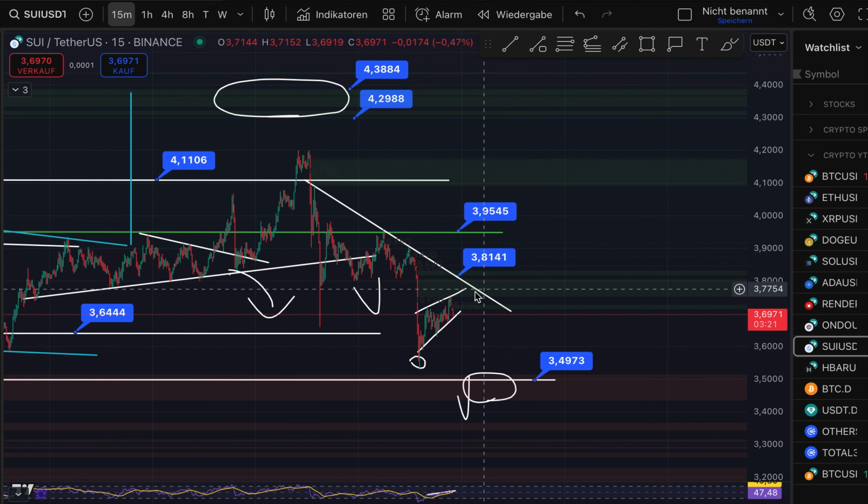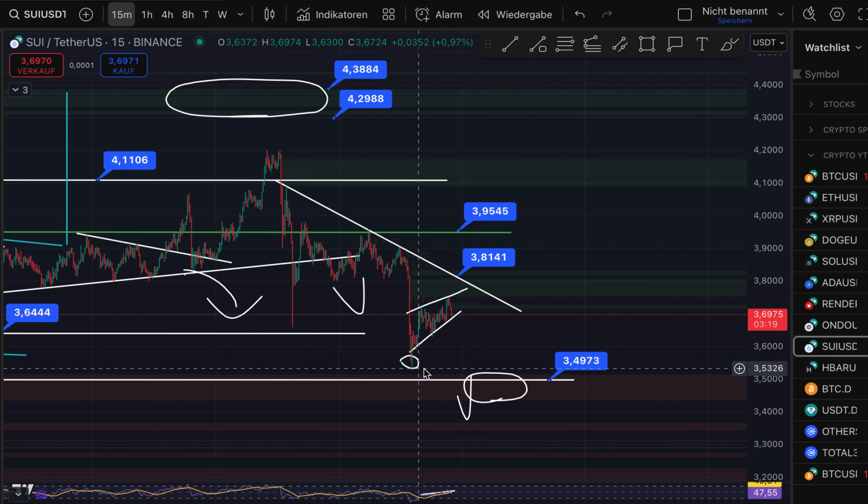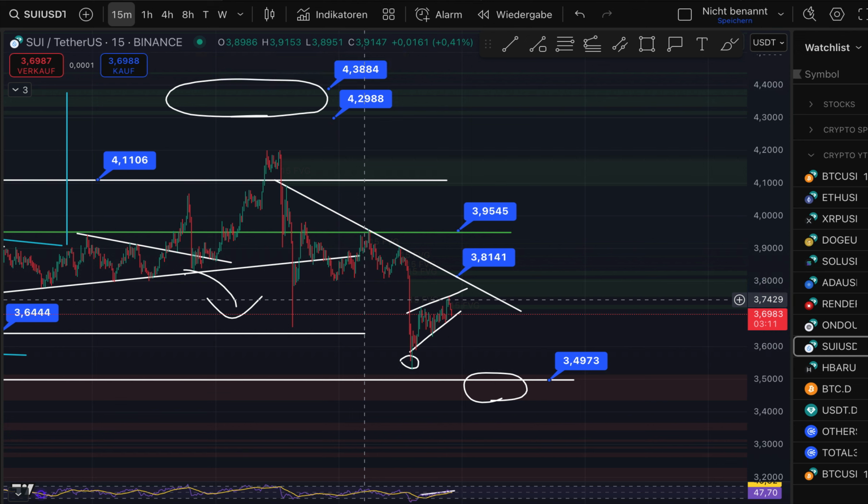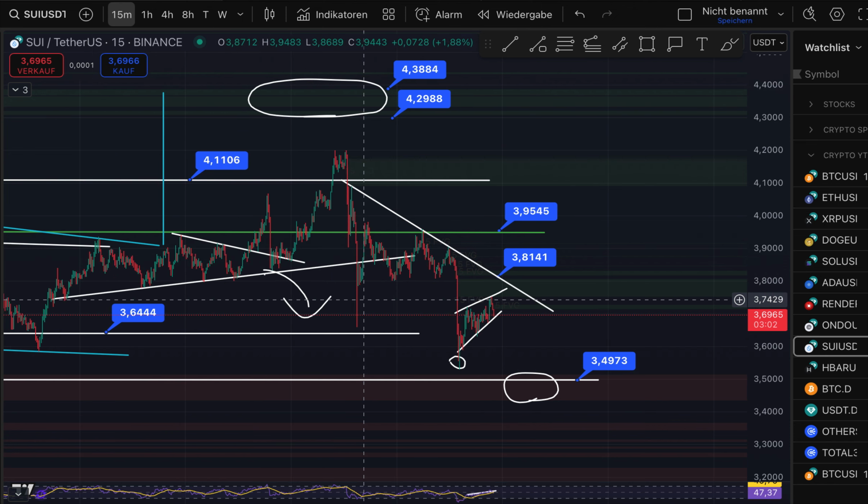Then I would be positive for SUI. So basically, not tradable for me, because I don't want to short SUI either, but the chart is telling me the price should go down. Whether I want to short it or not depends on how I want to trade with that information.